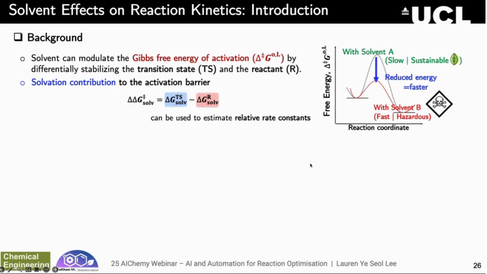The quantity we want to predict is the solvent contribution to the activation energy, here delta G solv, which lets us estimate the relative reaction rate constant. And also we are talking about liquid phase reactions in this case. And having a predictive model for this solvation energy can allow us to evaluate and design better solvents to enhance the reaction kinetics. And also maybe we can identify greener solvents much faster.